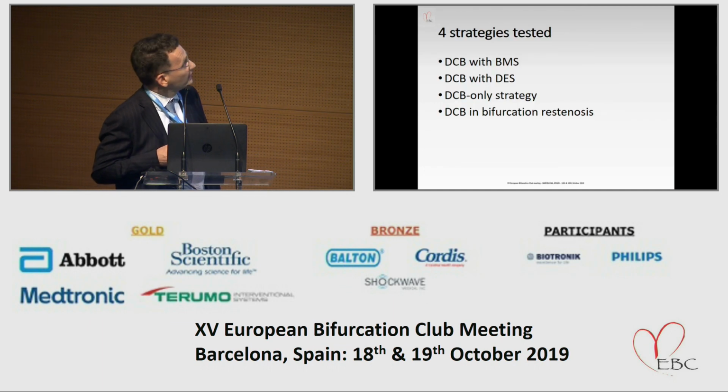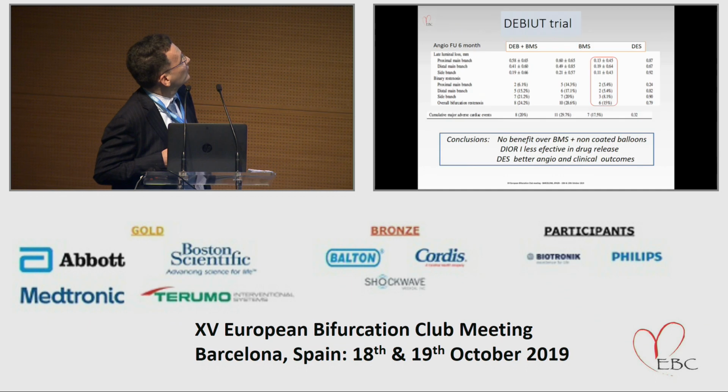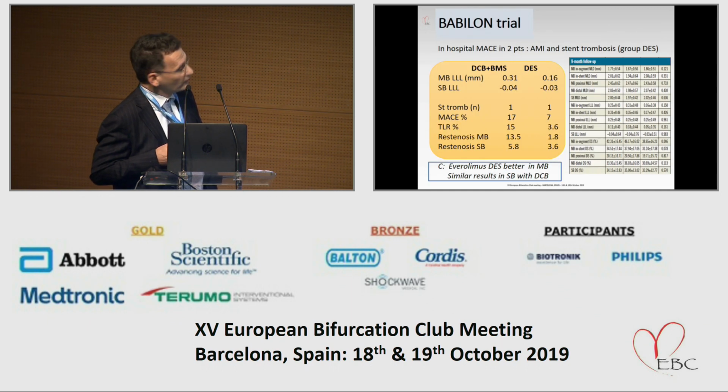There have been roughly four strategies tested: DEBs with bare metal stents, DEBs with the use of DES in the main vessel, DCB-only strategy, and DCB in bifurcation restenosis, which was also negotiated by the next speaker. As a matter of fact, the first strategy was proven not to work, although the situation in Babylon with improved DEB gave similar results for the side branch.